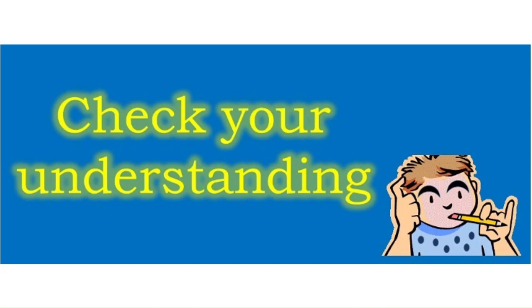At this point, you need to check your understanding. Take a piece of paper and a pen and try to write down what you have understood. This documentation of your understanding is going to help you, first of all, understand, and second, most importantly, you'll never forget it because you have written it down.